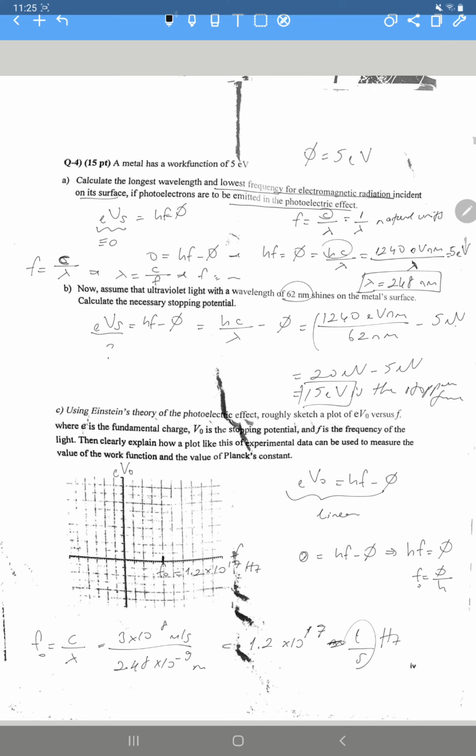So this is F0, that we just put some F0 here to be 1.2 times 10 to the 17 hertz.